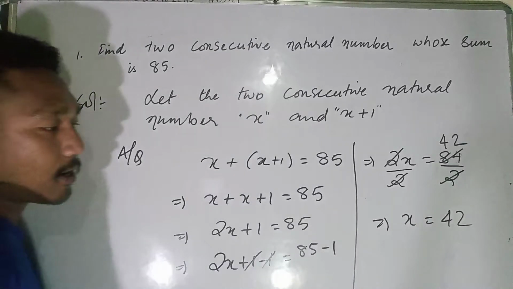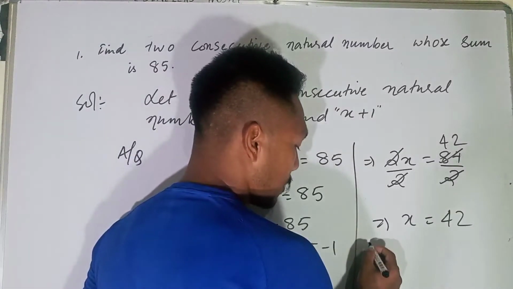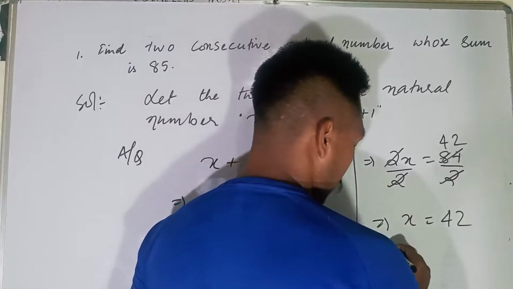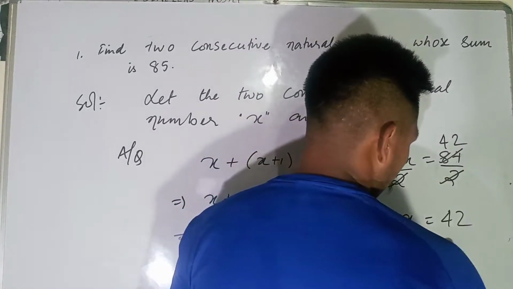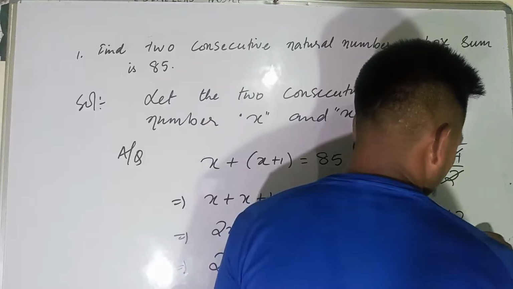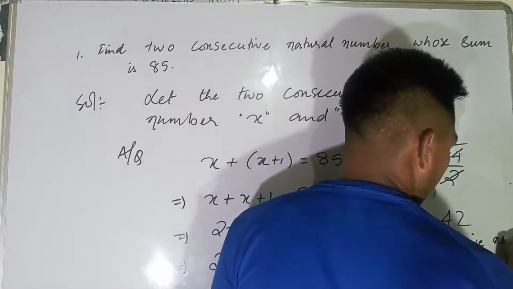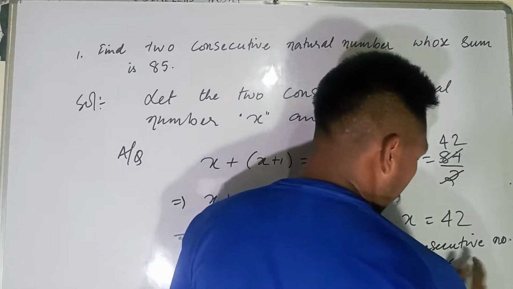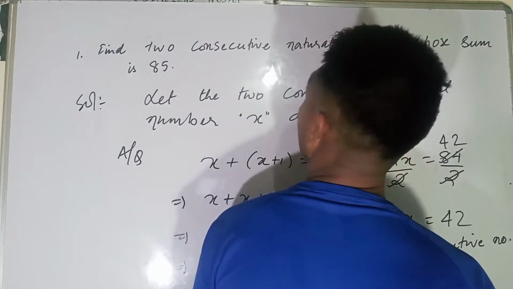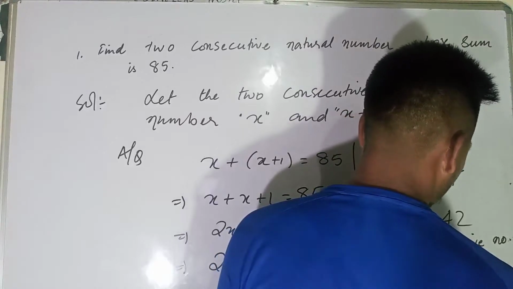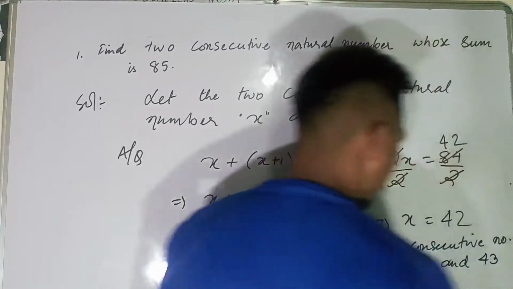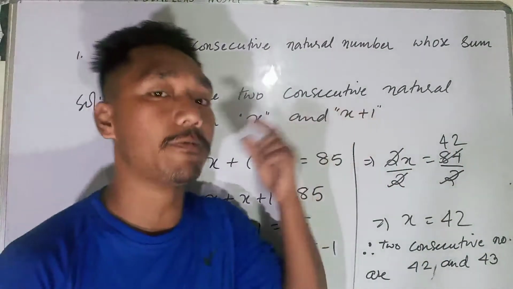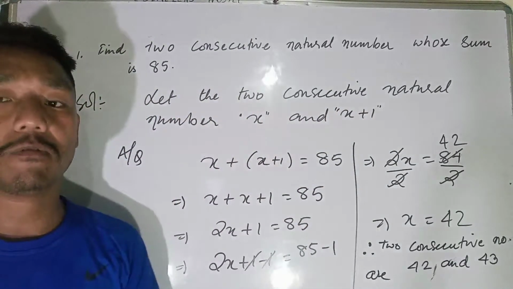Then what is the other number? The two consecutive numbers: if x is 42, then another number will be 43, because 42 plus 1 is 43.